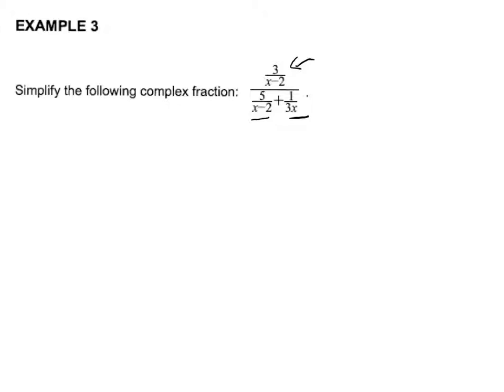So to start, we're going to leave the numerator because it's already completely factored and it's just one fraction, and we want to focus on getting that denominator to be one fraction as well. So focusing on that, we will have the top as is, so 3 over x minus 2, and then we're dividing by, now everything's factored in our denominator, so we can look for our LCD right away.